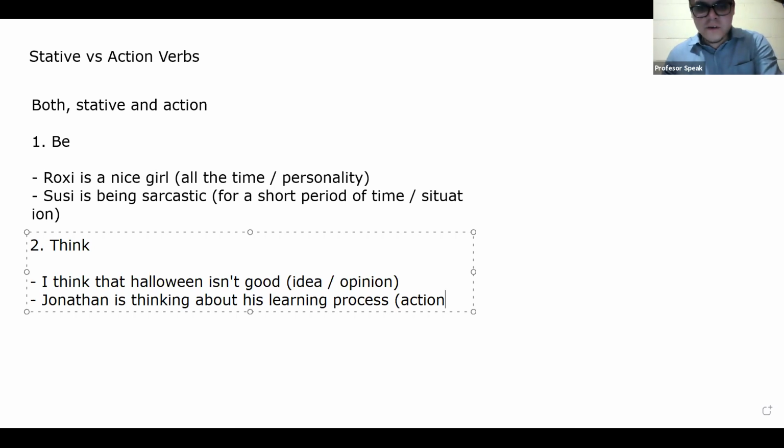Okay. Or some other people can tell me, oh, I'm thinking about my dog. I'm thinking about my job. I'm thinking about my dinner because I'm hungry. Okay, I haven't had dinner yet. Okay, I'm thinking about tomorrow's class. All right. Okay. So, it's an action that is happening right now. But when you have an idea or an opinion, you use a stative verb. Okay. Are we clear?